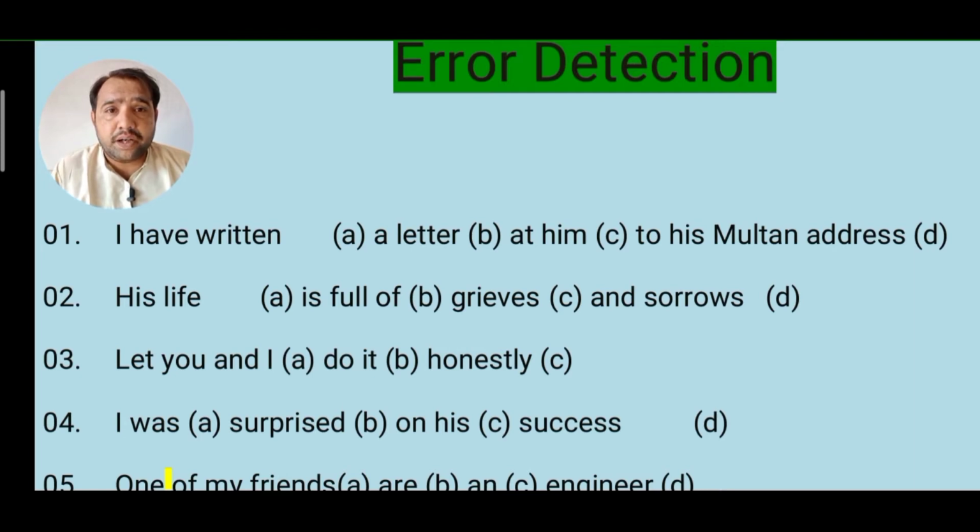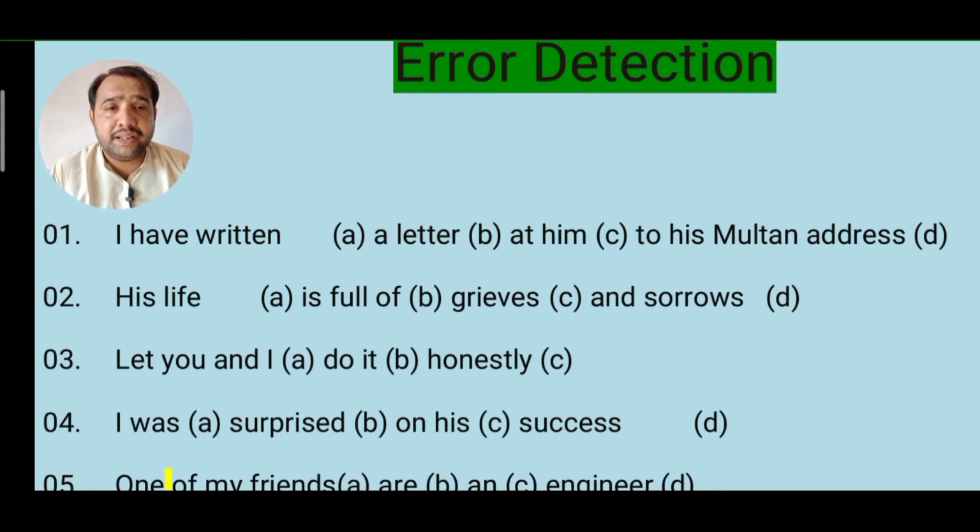Now let's start. For suppose in the first example, I have written a letter at him to his Multan address. Here I agrees with the verb have, and after have we have to place the third form of the verb. So here our first part, I have written, is in correct form.